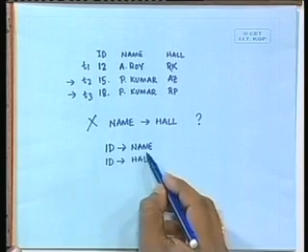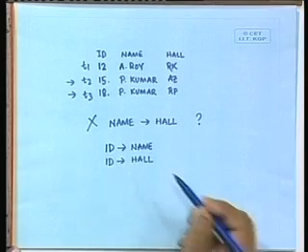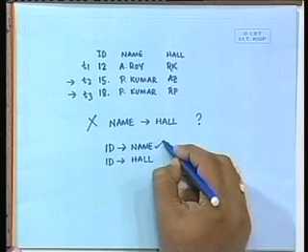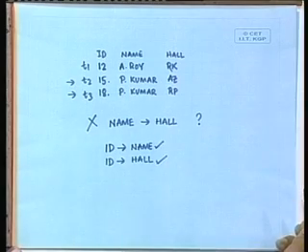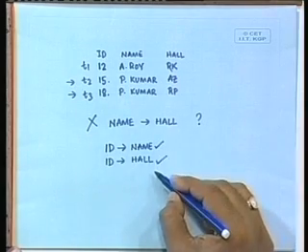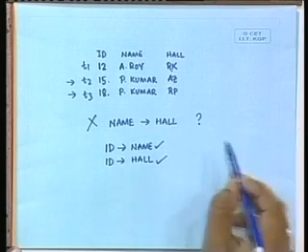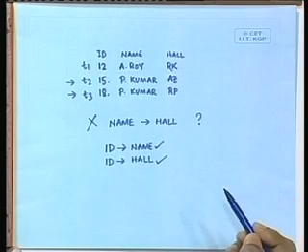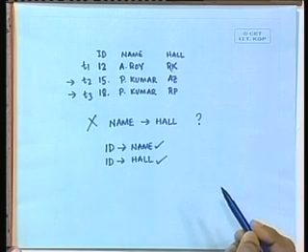Can we say that ID determines name, ID determines all? We say that both are true. So, these two functional dependencies are perfectly alright, whereas this is not true. Let us take another example.